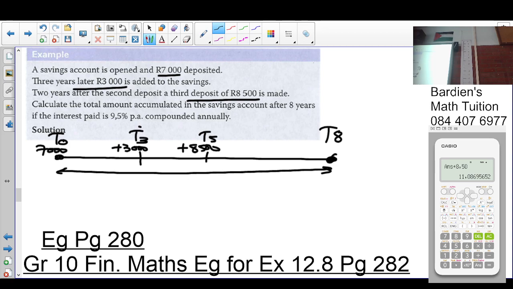It's compound interest; very seldom do they use simple interest. The interest rate is 9.5% per annum compound interest. Write that down quickly, and I'll show you now how to do the calculation.